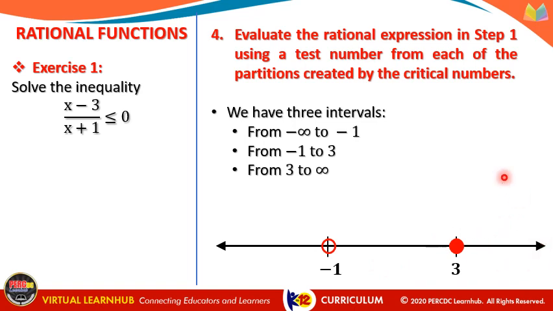So again, ano daw gagawin natin? Pili tayo ng test number. Ano bang test number? Wala lang, parang pipili ka lang ng isang number na nasa range na ito. Tig-isa, bawat range, isubstitute mo sa rational expression, and tignan natin ano ang magiging sign ng sagot. To make things more organized, let's make use of a table.